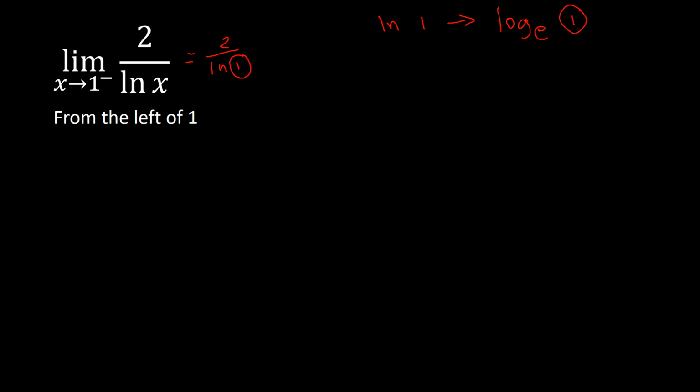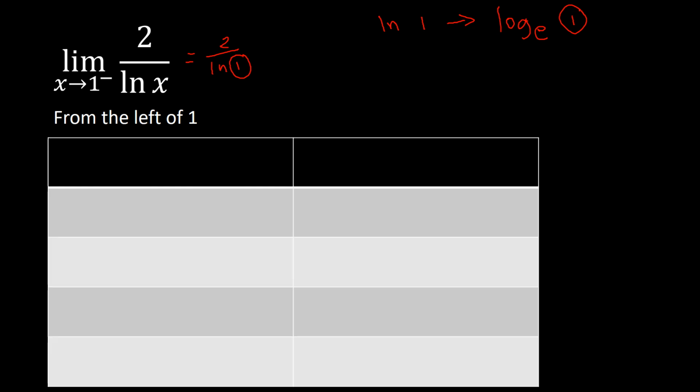We are to look for numbers from the left of 1. By the way, we cannot have our value of x here as 0. That's a no-no, because similar to the scenario with ln of 1, which is undefined, ln of 0 is also undefined.